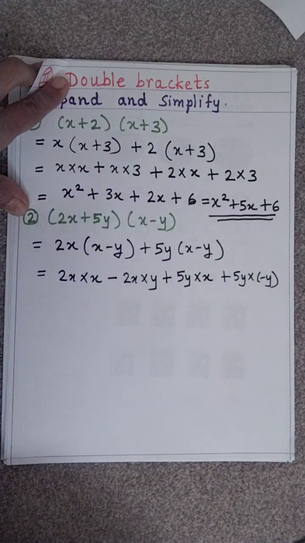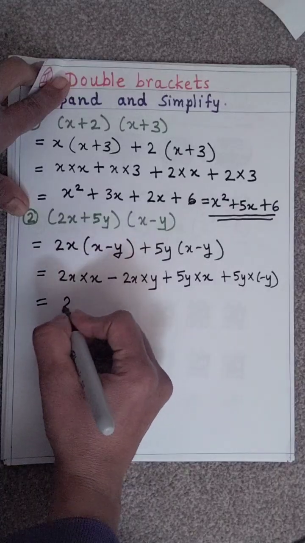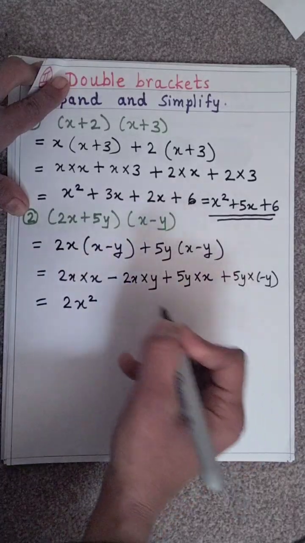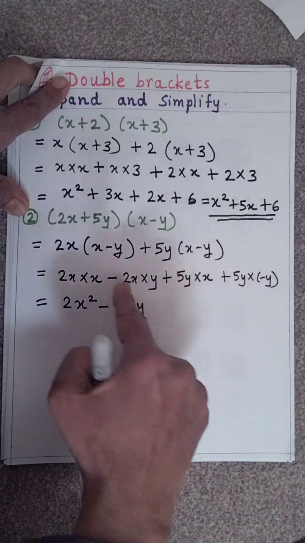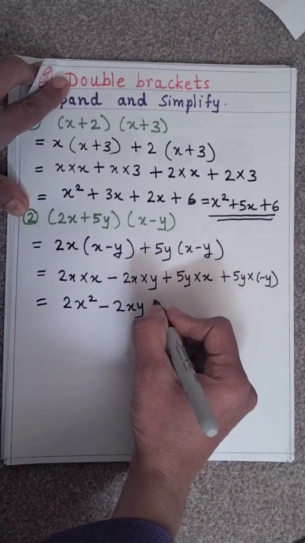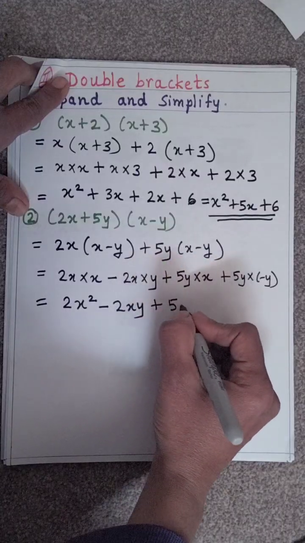Okay, just open the bracket. 2x times x is 2x square, minus 2xy. Okay, plus 5yx, we can write 5xy, yx and xy is same.